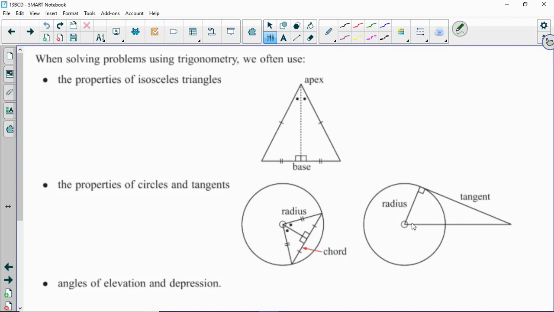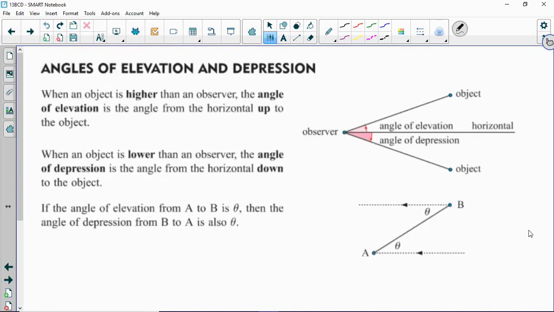Third, over here, when we have a radius and it intersects a tangent line, so it's when the radius goes to the point of tangency, they're going to intersect at right angles. So we're going to have a right triangle there. Down at the bottom, you might have seen the words angle of elevation and depression. All that those mean are, if it's an angle of elevation, we're looking from a horizontal line going up.